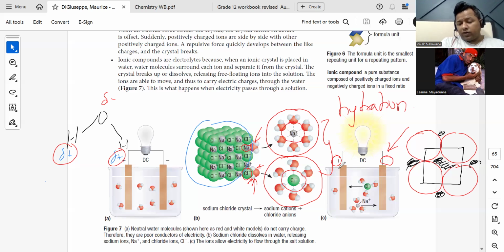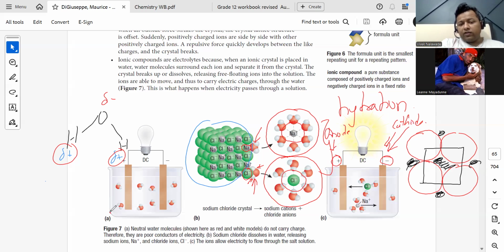So the cations, oh my bad, this will be the anode and this will be the cathode. The cations are attracted to the cathode and the anions are attracted to the anode. Does that make sense? And this is how the ionic compounds are able to conduct electricity.